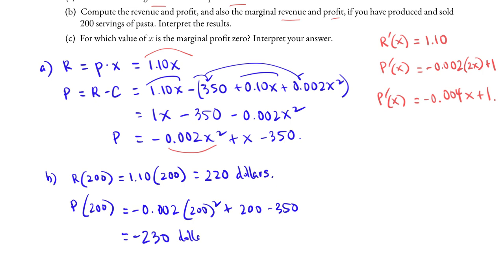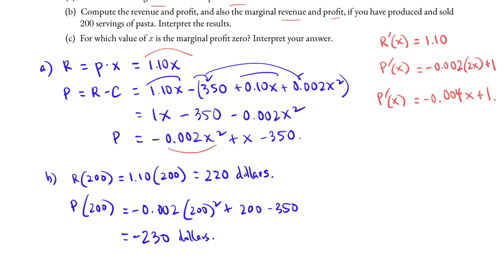The unit is dollars. This is a loss. What this means is that if we serve 200 servings of pasta, we will get $220, but after we subtract the cost, we will still lose $230. That's not enough to recover our costs here.